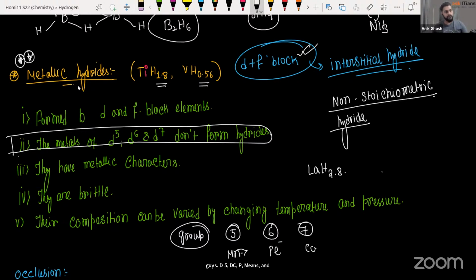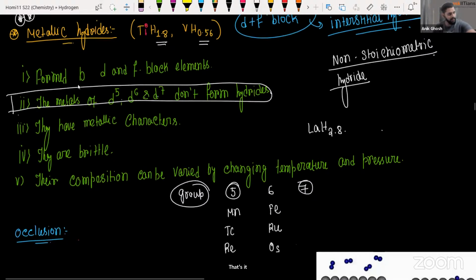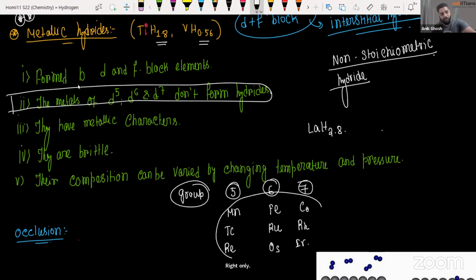In these three groups, that means manganese, technetium, rhenium, iron, ruthenium, osmium, cobalt, rhodium, iridium, these cannot form hydrides.